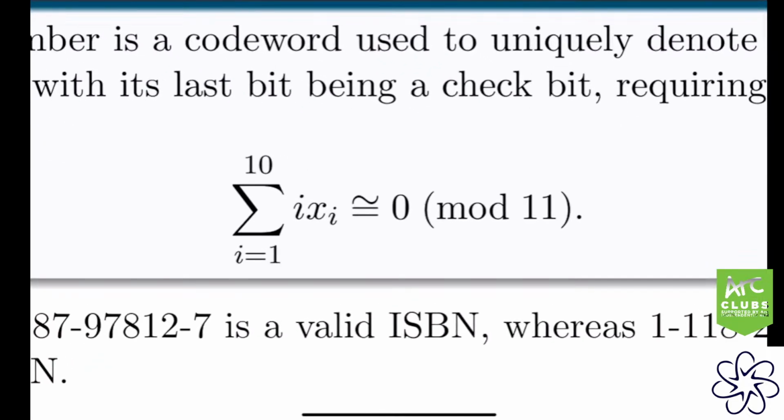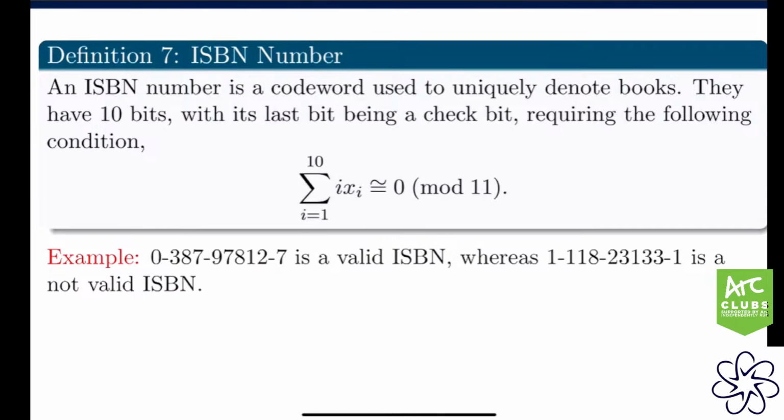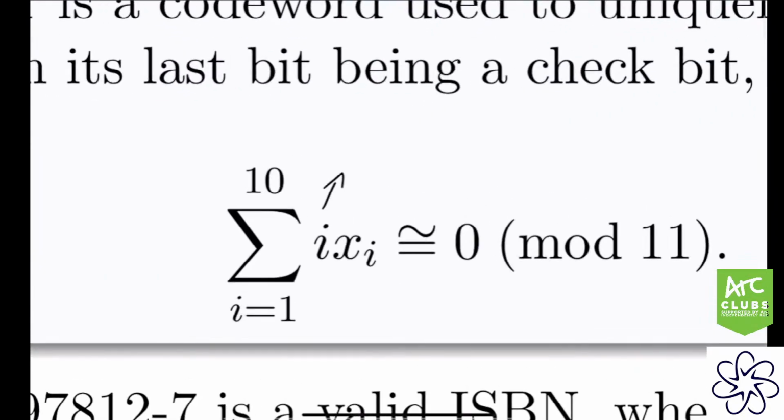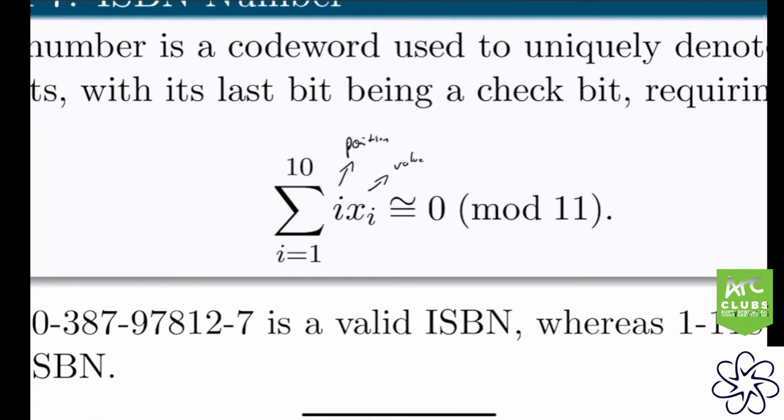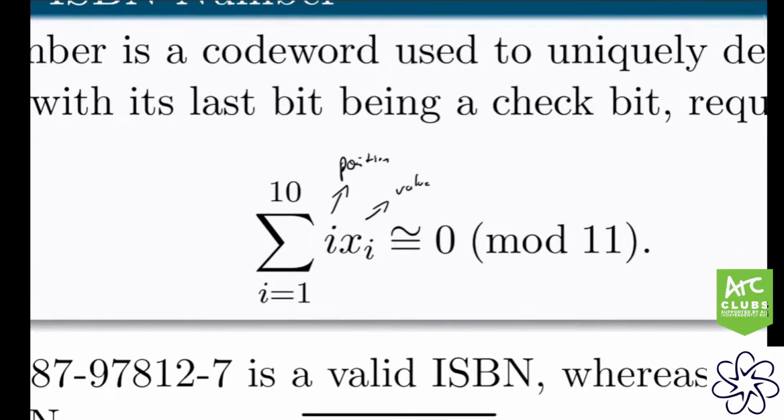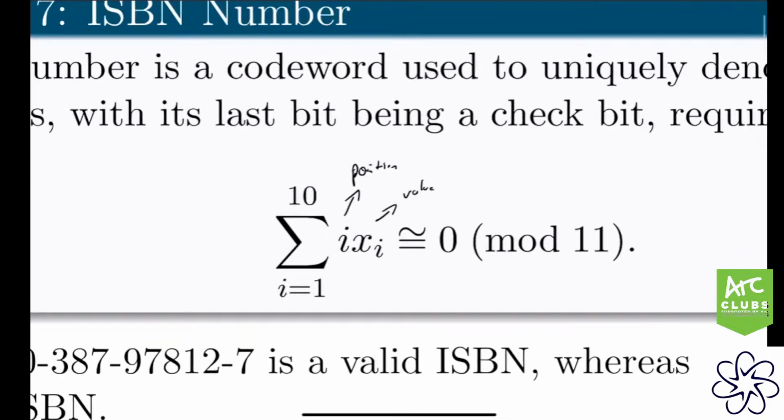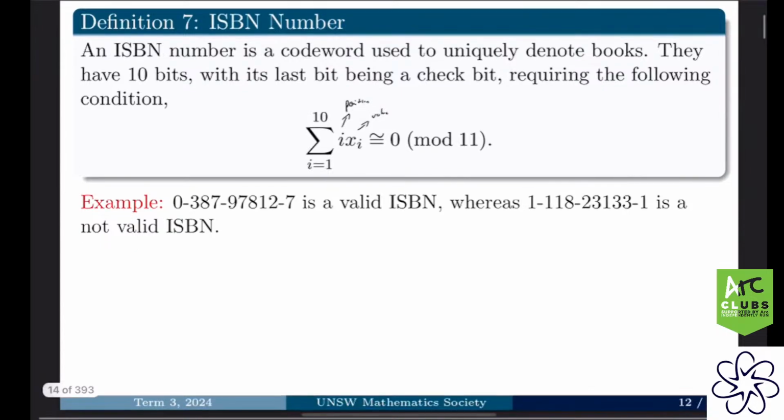The syndrome is that each of the 10 numbers is multiplied by its position, so this i is going to be its position, right, and this is going to be the value at each of those positions. Each of the products summed together should be congruent to 0 mod 11.